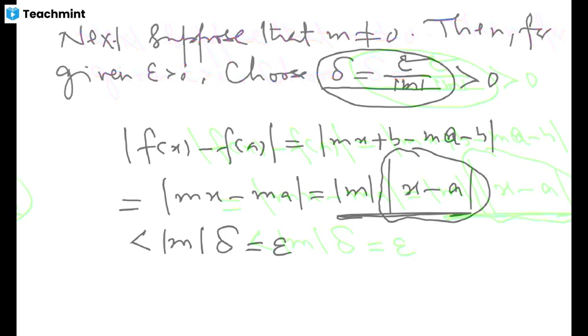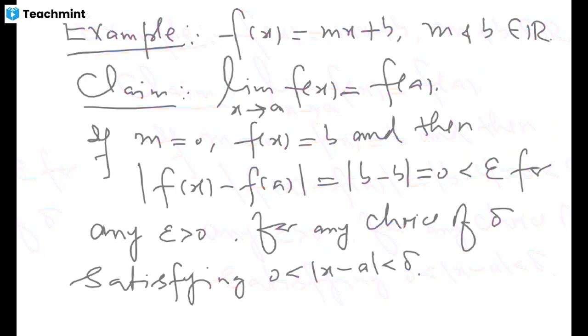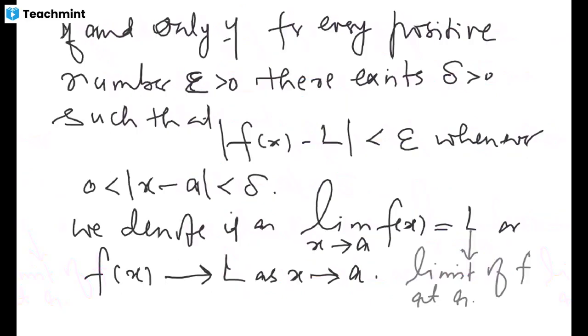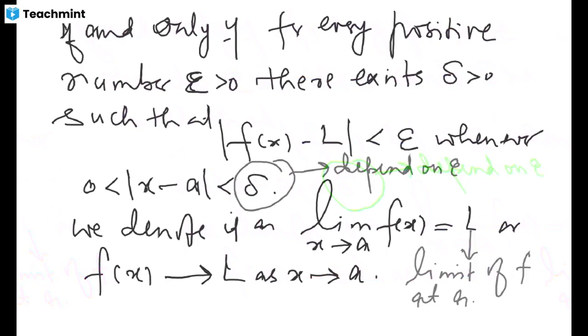Indeed, in the definition of the limit, we need to be careful that this delta will depend on epsilon, and it will also depend upon the point where you want to consider the limit of a function. For a particular choice of function, or a big class of functions, this delta will depend upon the function as well, and the interval also.